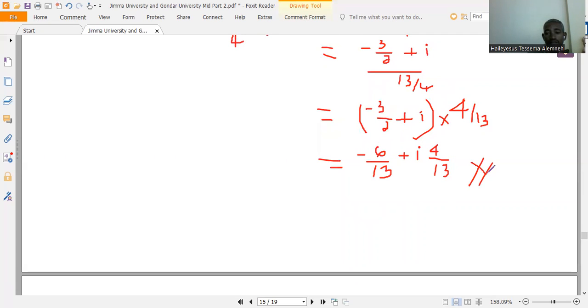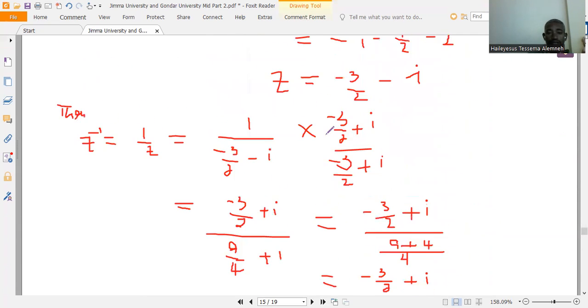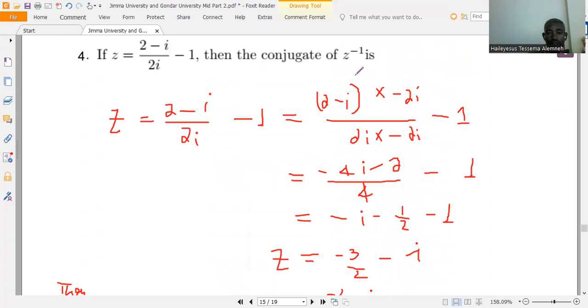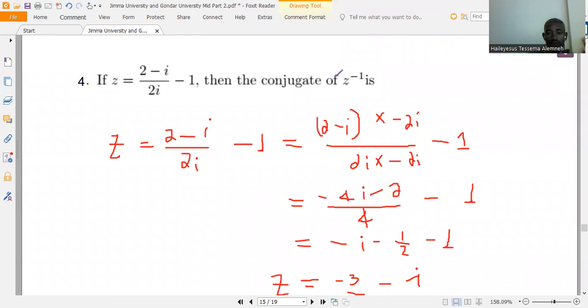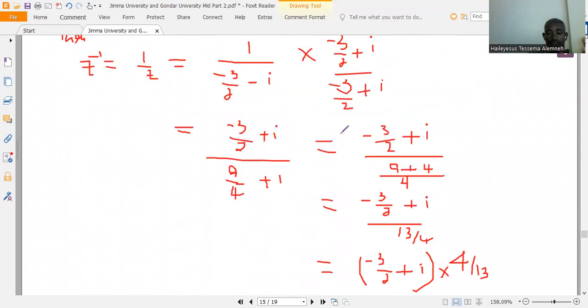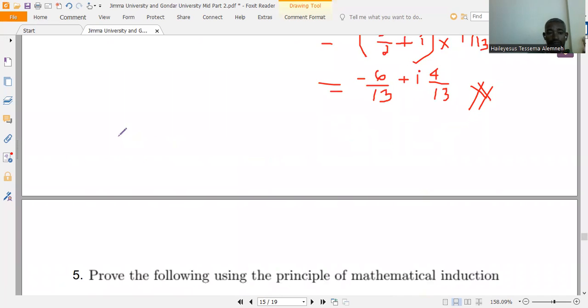So this is the inverse of the complex number. Then the conjugate of the inverse: what will be the conjugate? Then the inverse conjugate.